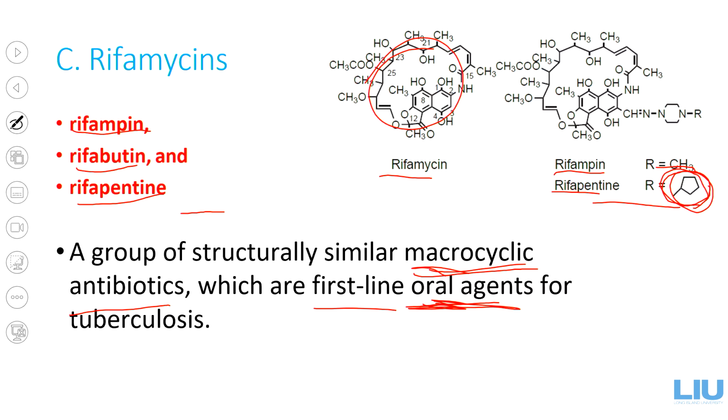This is the cyclopentane, cyclic. It's a hydrocarbon. It's going to make it more lipophilic. So I would strongly believe that this is responsible for the longer duration of action. Okay, great. Okay, sure. Any other questions?